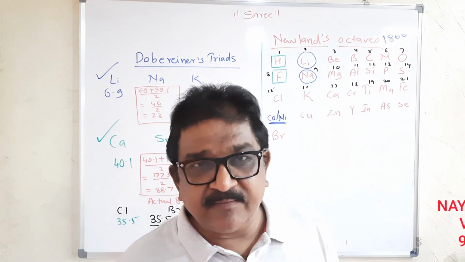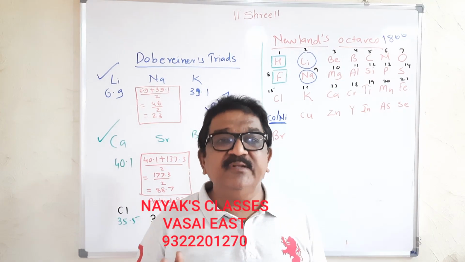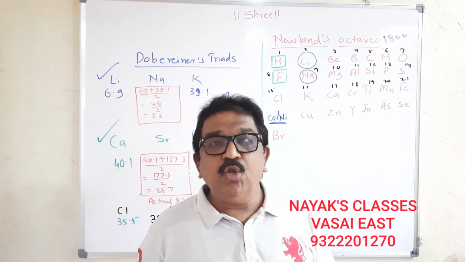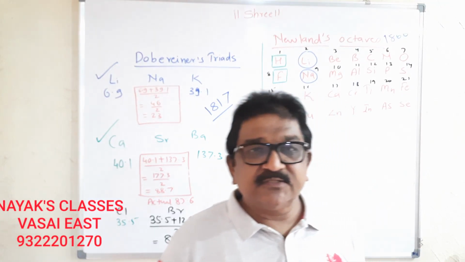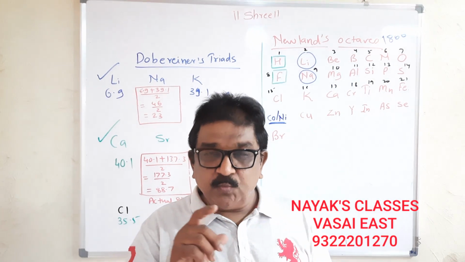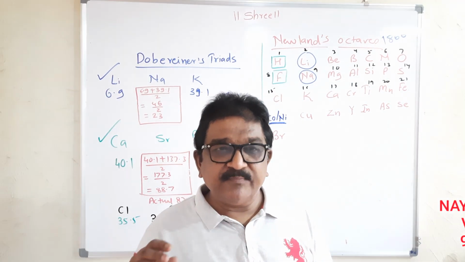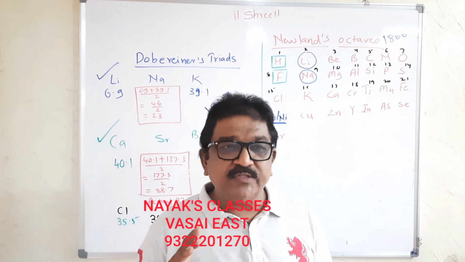He simply said the properties of the first and eighth are similar. This is called the law of octaves. To get good marks, you have to write this description plus one or two examples of octaves so that it will create a complete answer.